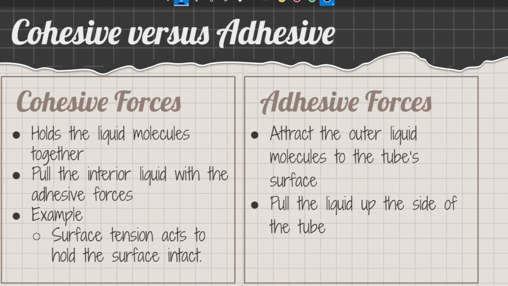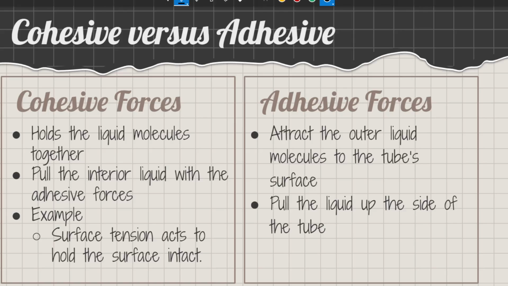So when we look at this, we look at the difference between adhesive and cohesive forces. Cohesive forces hold the liquid molecules together. So this is pulling the interior liquid together, kind of like the surface tension acting to hold the surface intact.